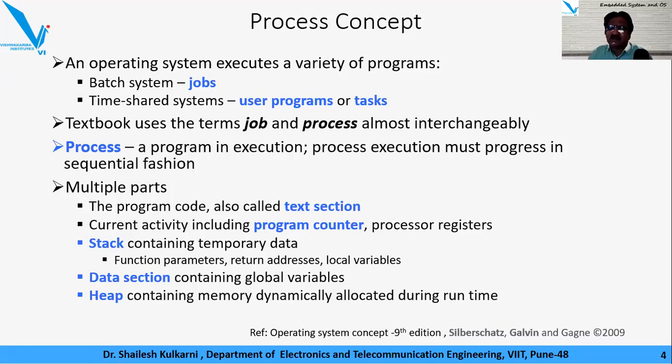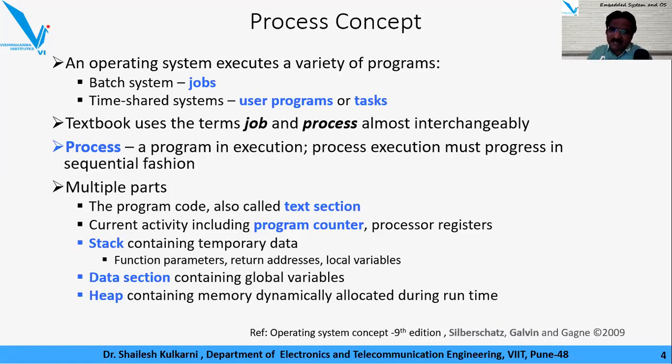So user programs are referred to as tasks, and there are some entities used by an operating system for various purposes, which are referred to as processes. Processes can be internal to an operating system, as well as external, that is, the user program of the operating system.